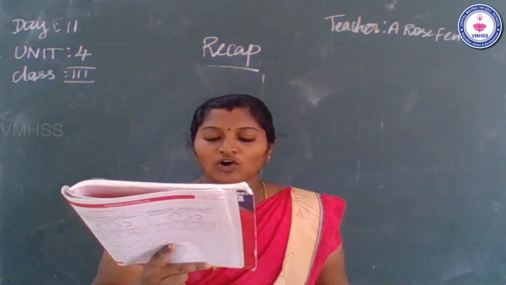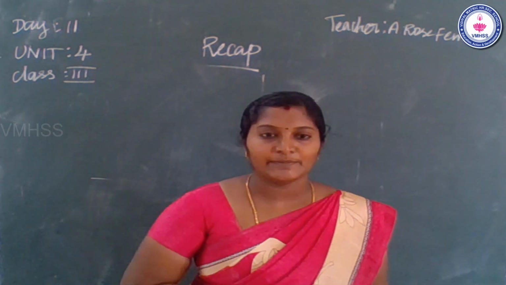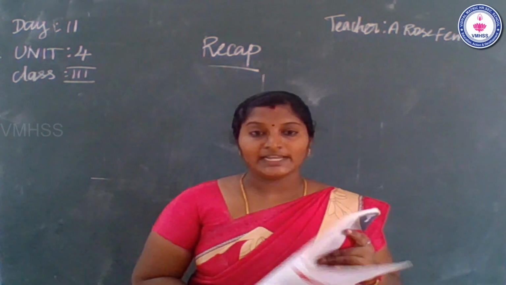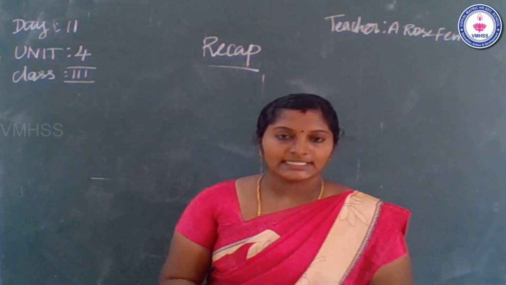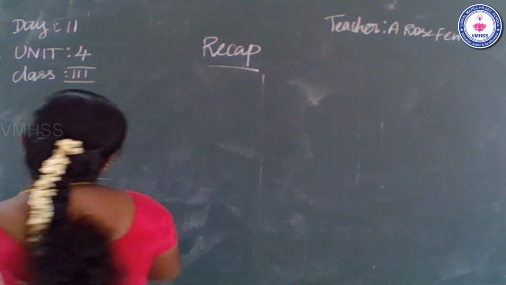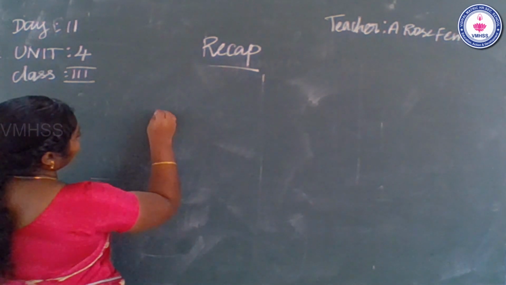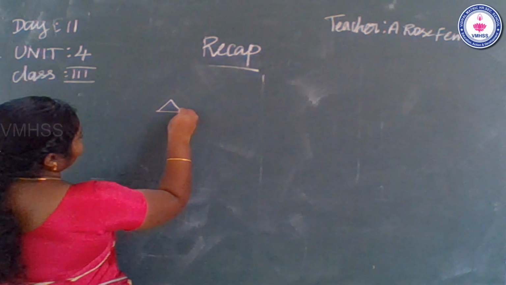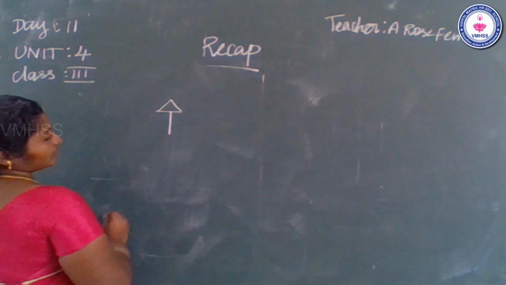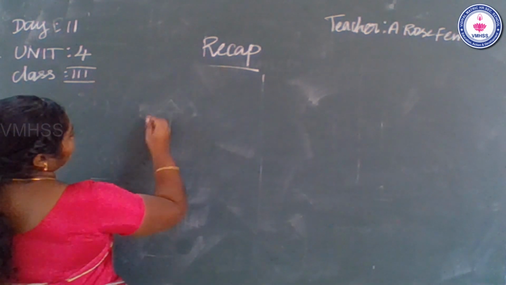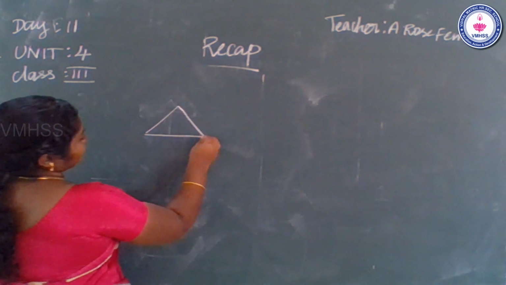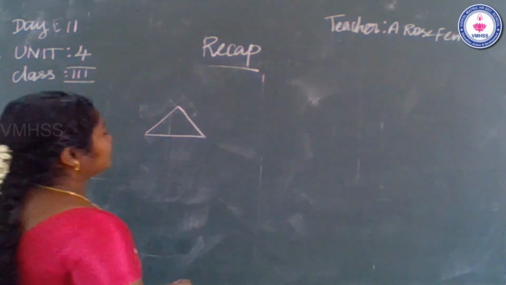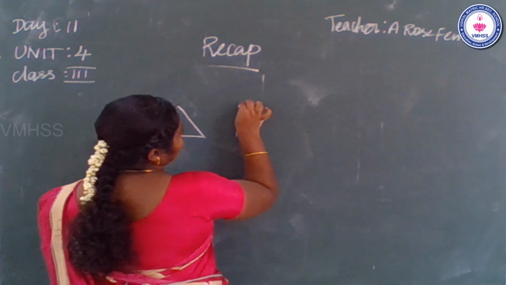Identify if the object has rotational symmetry. You already know rotational symmetry, yes? For example, what is this? This is an arrow mark. Okay, this is a triangle.